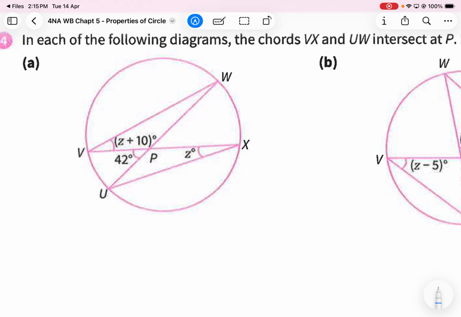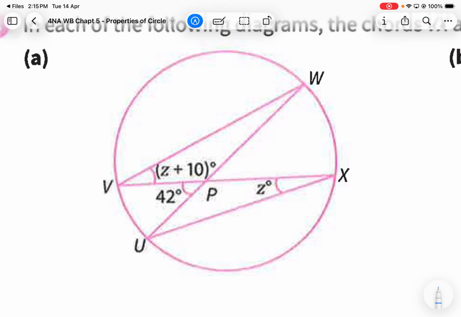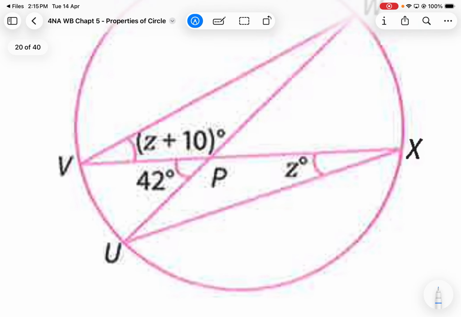Now I try to link Z into this triangle. Okay? Because in the end I want to find out what Z is. So where is a place where I can put the Z and then equal to something? That is this triangle. Because here is 42. Then here is a straight line.